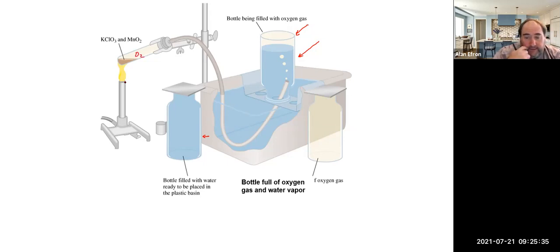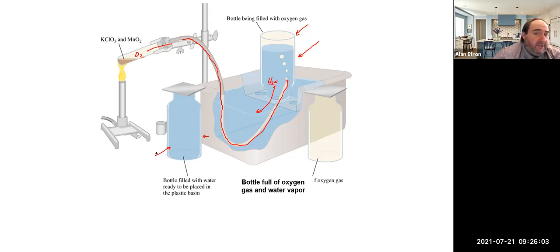In this closed situation, the oxygen gas has nowhere to go, and it continues through the tube and starts to bubble in. As the oxygen gas goes in, the water goes out. We're displacing the water in that container, which started completely full.